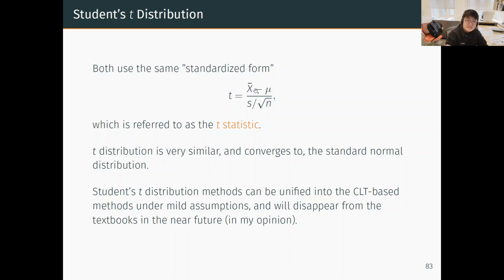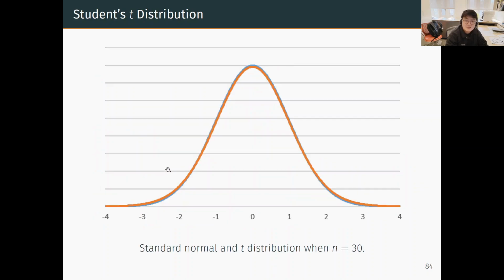In the past, in the textbooks, this standardized statistic followed the student t distribution, but now we are going to approximate it with a normal distribution because this is the difference between the t distribution and the normal distribution.